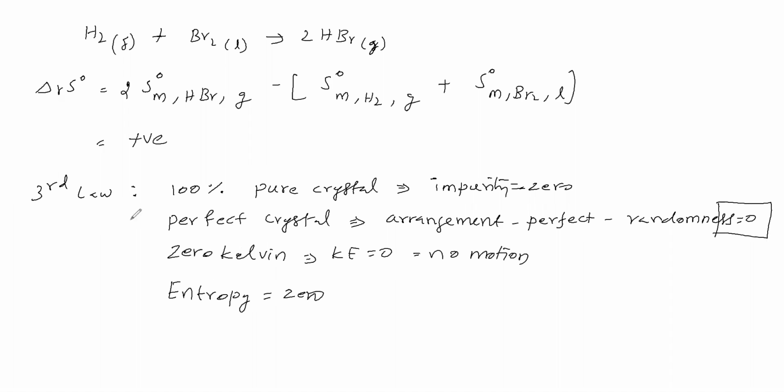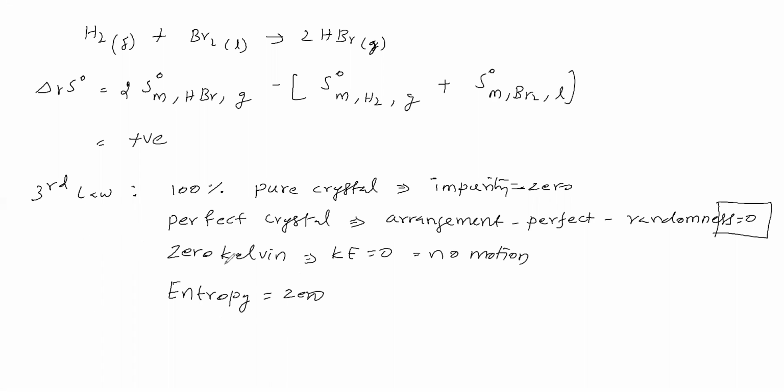That's what the third law of thermodynamics says. The third law of thermodynamics says entropy is zero when the temperature is zero, when the impurity is zero, and when the arrangement of particles in the crystal is perfect. At that time entropy is zero. This is called the third law of thermodynamics.